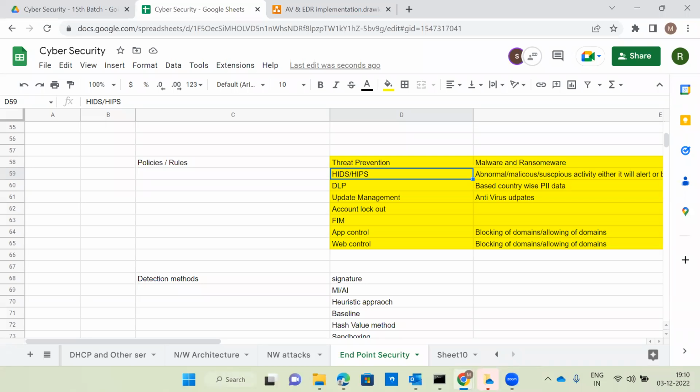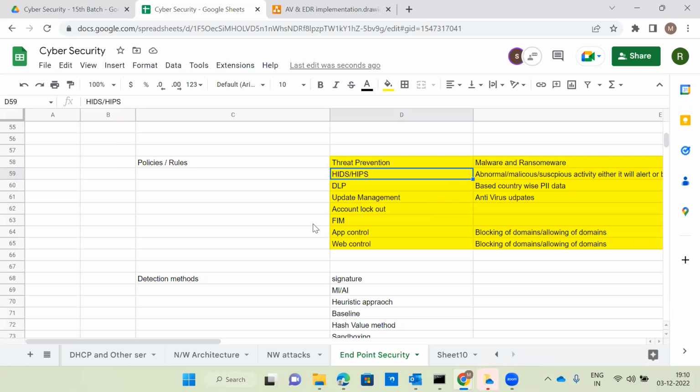Why? Because the EDR tool does not do full-fledged DLP policies or rules or blocking of data leaks. Don't get confused. You can listen to the video 2 or 3 times if you don't understand. So that is about HIDS HIPS.